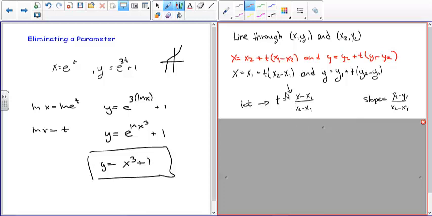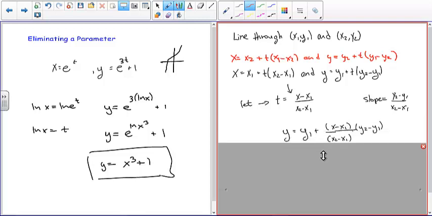Once I've solved for t, I can plug it into the second equation: y equals y1 plus (x minus x1) over (x2 minus x1) times (y2 minus y1), but (y2 minus y1) over (x2 minus x1) is the slope.